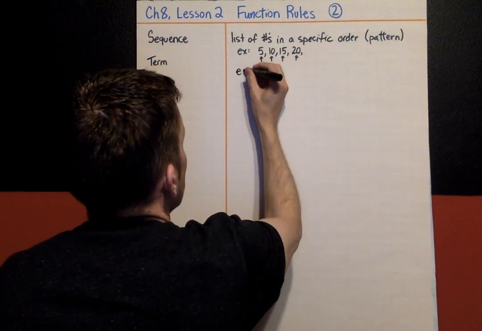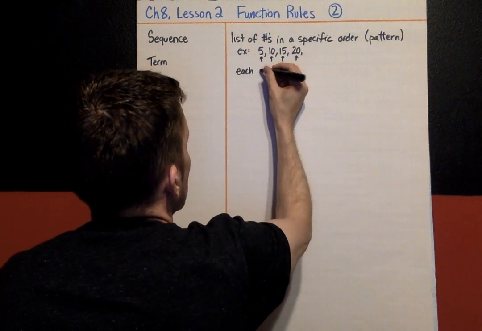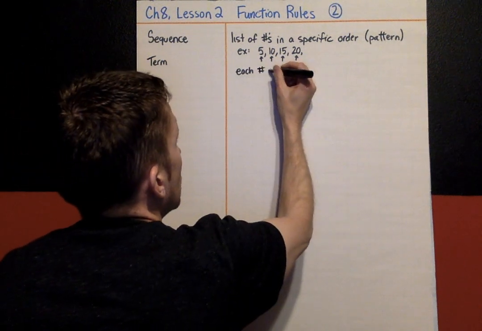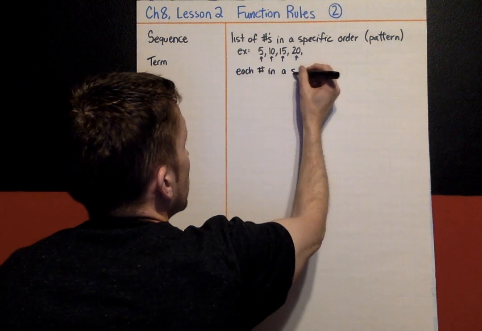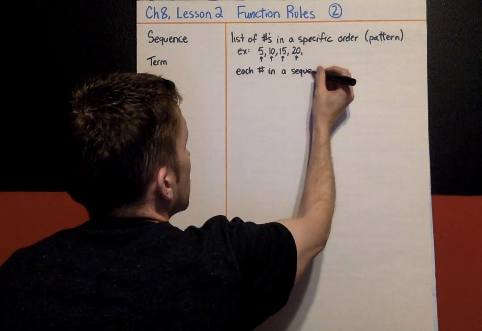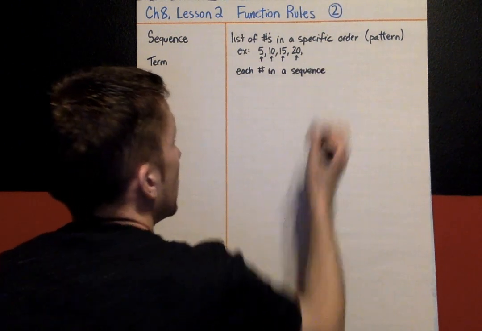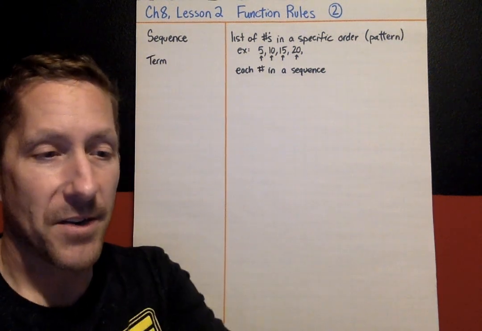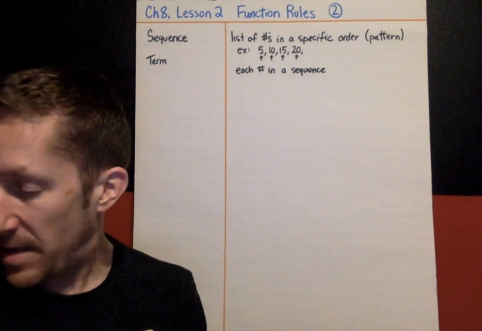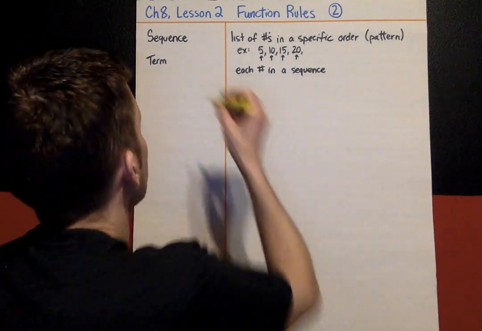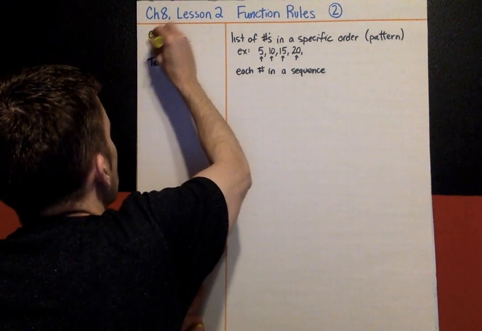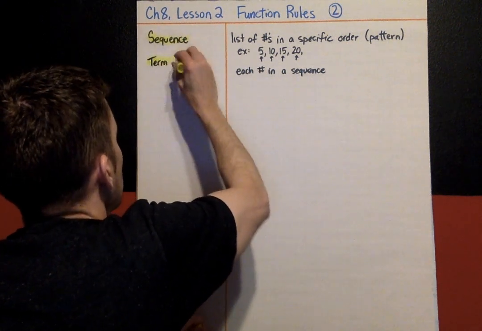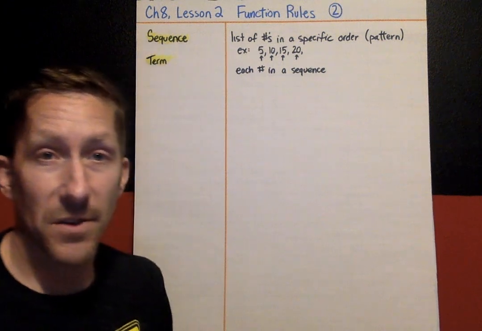So a sequence is a list of numbers in a specific order or a pattern, and a term is each number within that sequence. Sequence is a key vocabulary word for this lesson, and so is term.